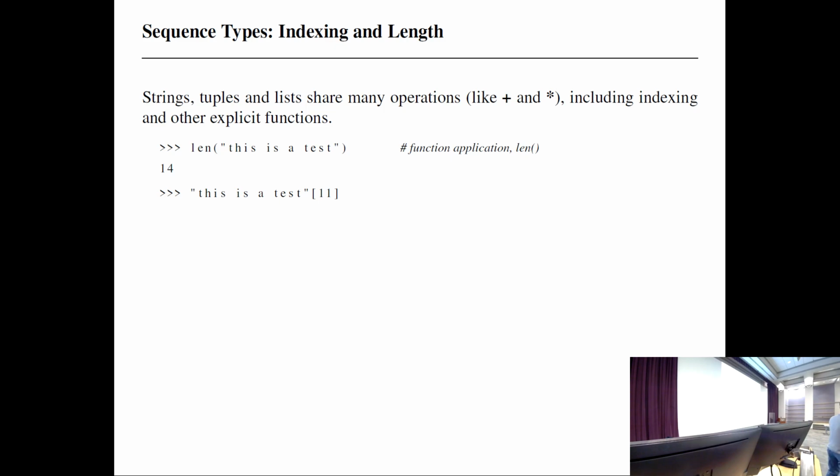I can say, what is the 14th element of that string? So here, I have a sequence type, which is a string, and I appended a bracketed expression with the new value. Now that is actually not a list. This is a list when it's typed into Python to be evaluated. When it's appended to a sequence type, it's an indexing expression.